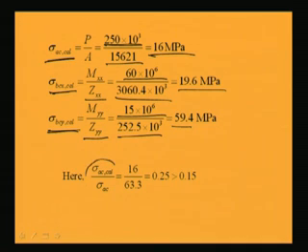Now again we have to calculate the ratio of sigma AC calculated by sigma AC. This is becoming 16 by 63.3, which is equal to 0.25. This is greater than 0.15.